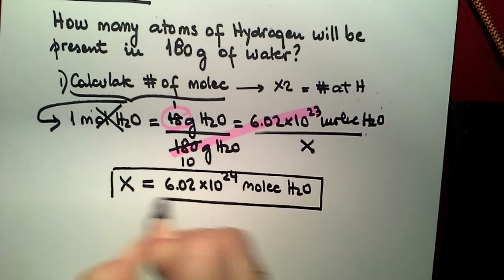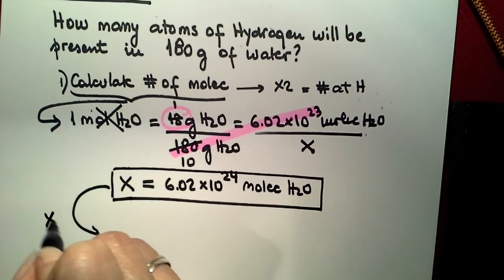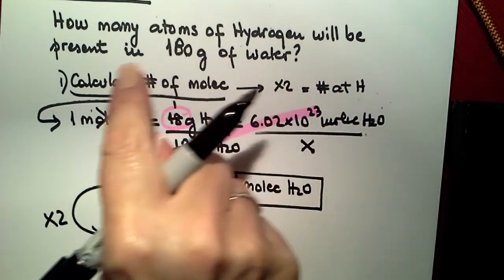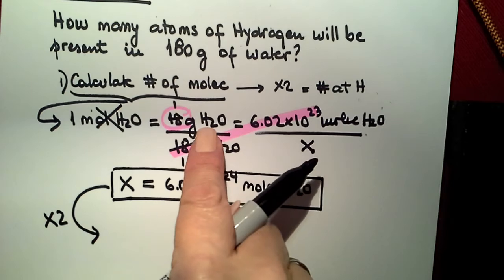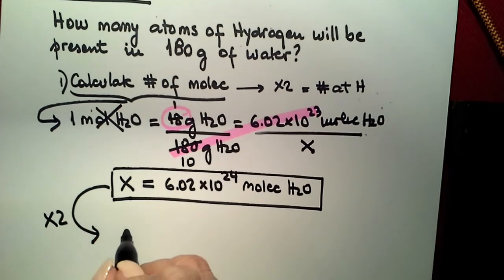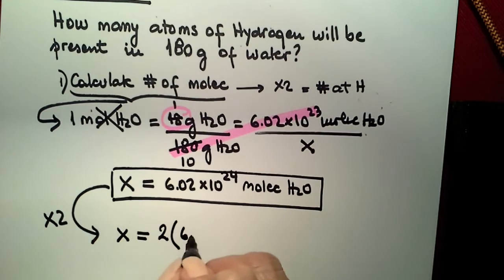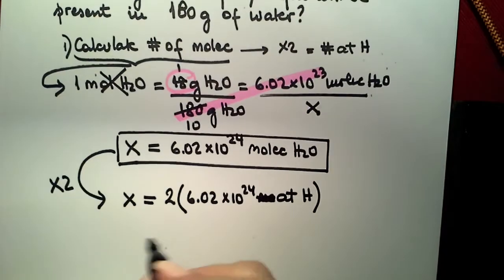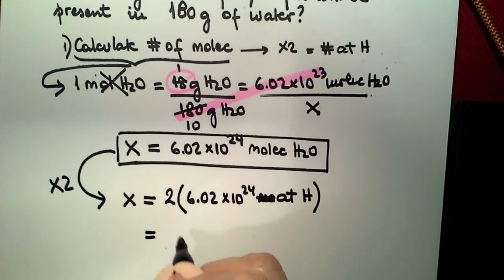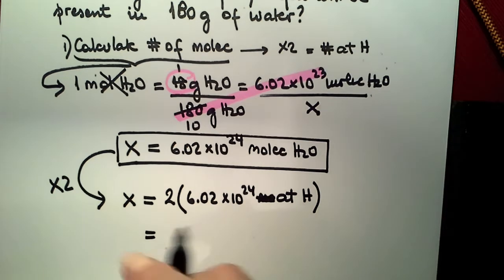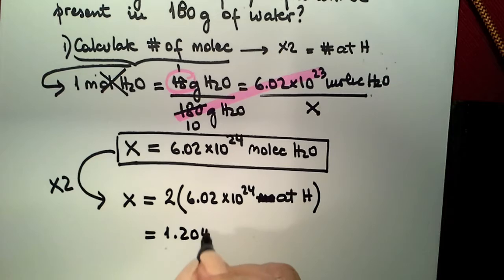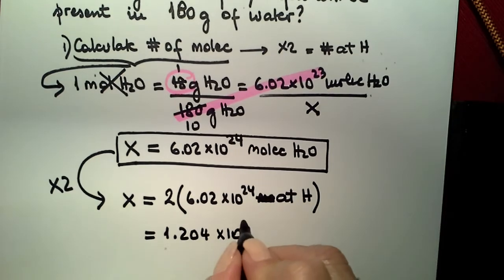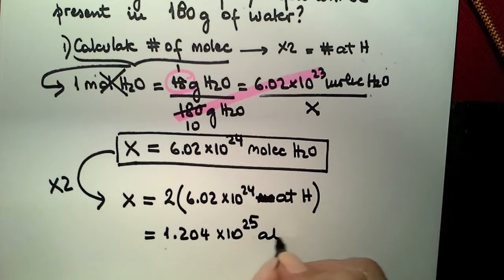And once we have this one, we need to multiply it times 2, because the hydrogen appears twice in water, here. So my x, or my y if you want, is 2 times 6.02 times 10 to the 24 atoms of hydrogen. In this case it's going to be 1.204 times 10 to the 25th, I think, atoms of hydrogen.